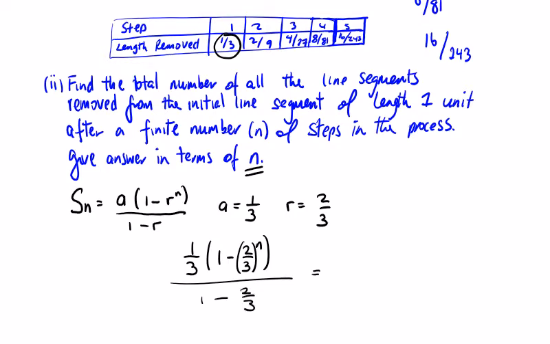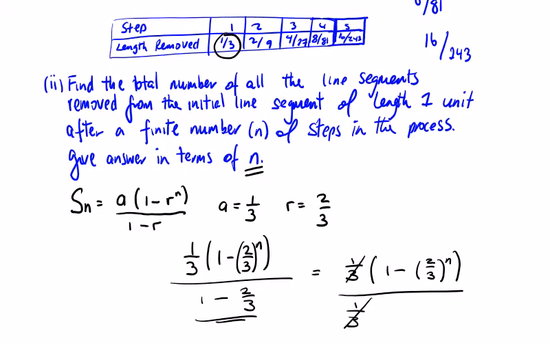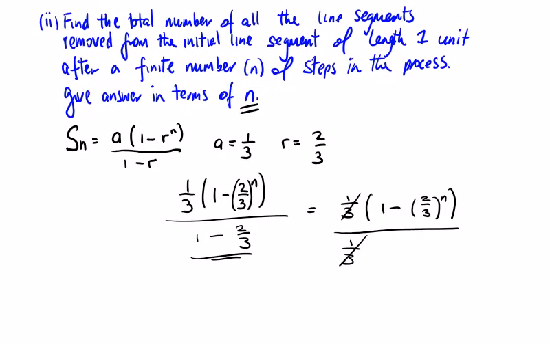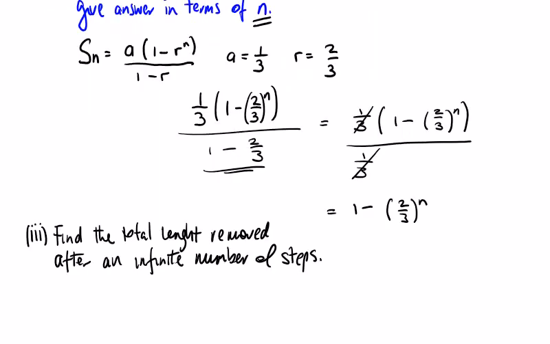So on top we're going to get 1/3 times 1 minus, well, we could write 2 to the power of n over 3 to the power of n, but we leave it as 2/3 to the power of n for now. And on the bottom, 1 minus 2/3 also gives 1/3, so we can see that these are going to cancel, and we're left with the answer of 1 minus 2/3 to the power of n.